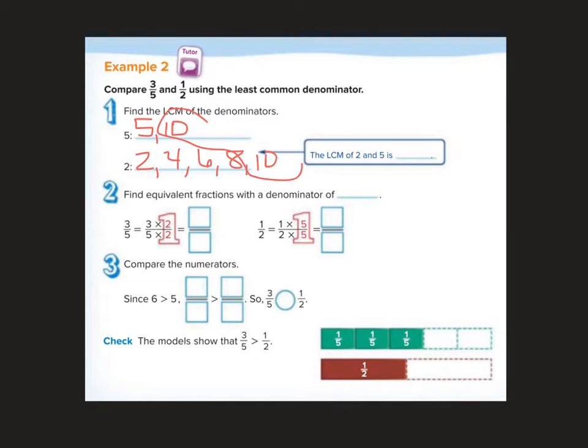Okay, so 10 is my least common denominator, least common multiple. So I want the denominators to both equal 10. So I'm going to take 3/5. And I know if I multiply 5 by 2, I'm going to get 10. Then I have to do the same to the numerator, because we know that 2 over 2 is just multiplying them by 1.